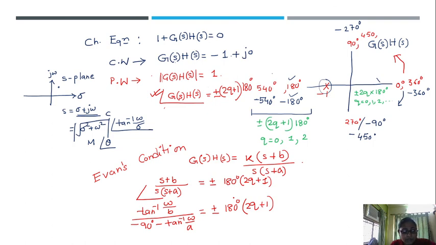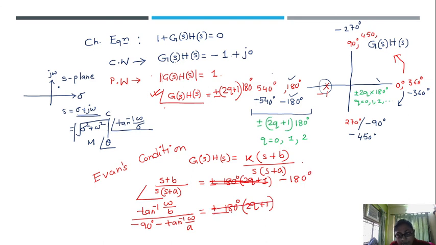So now, what happens if I find q? Does q not come out of this? I am writing a generalized expression. If I take it in an anti-clockwise way, we can write it as minus 180 degrees.